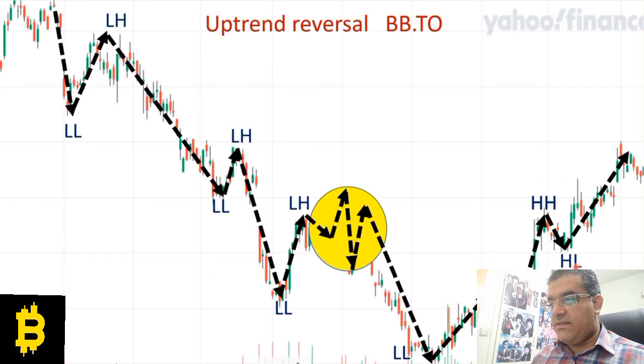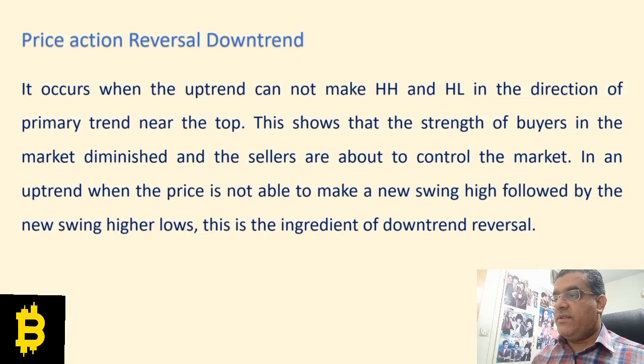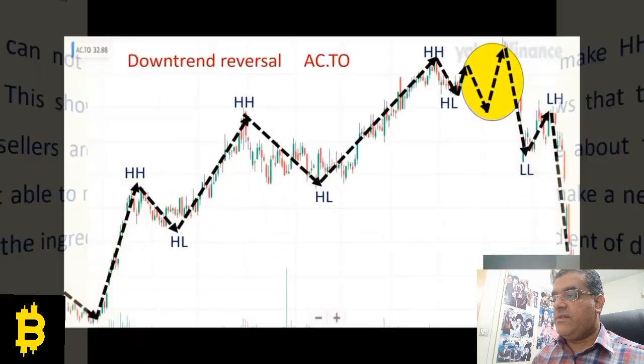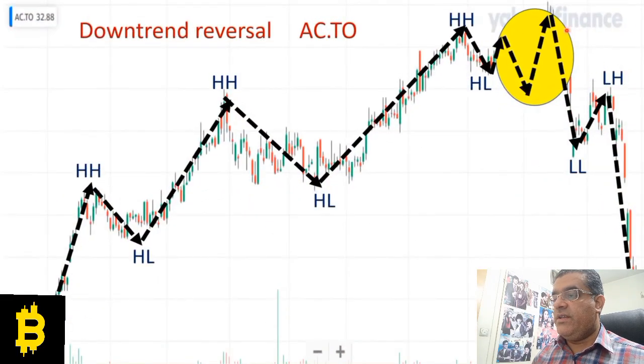It is a downtrend and the price is making lower and lower lows. Then here is a yellow circle. You see that the price cannot make a lower low, and the trend reverses from the downtrend to an uptrend.